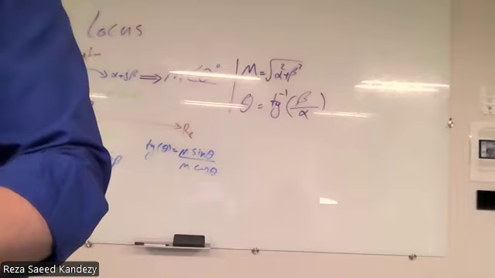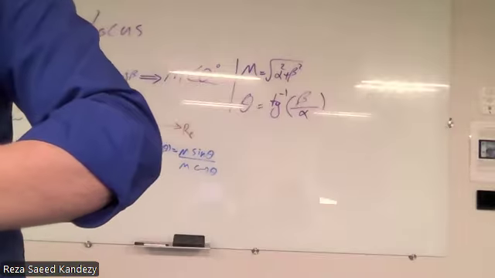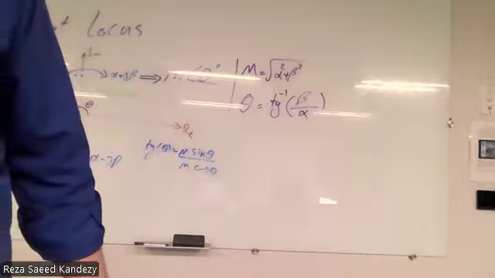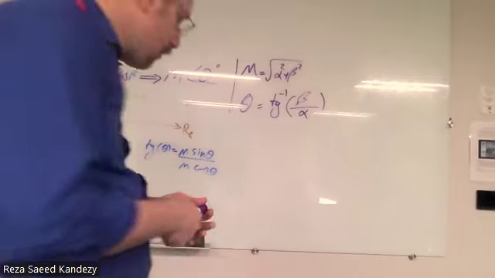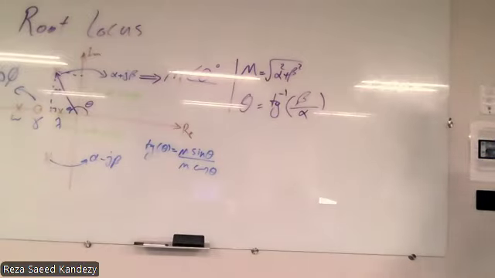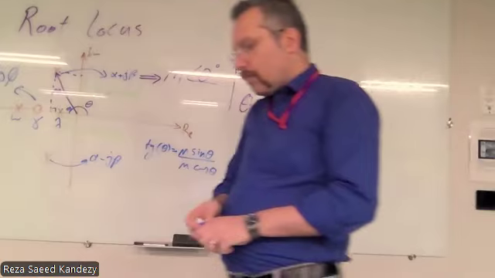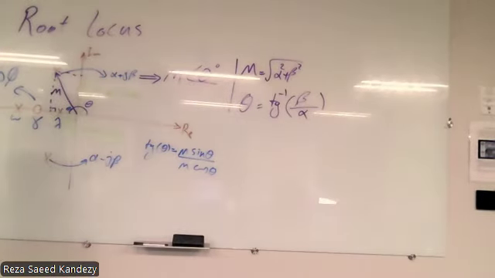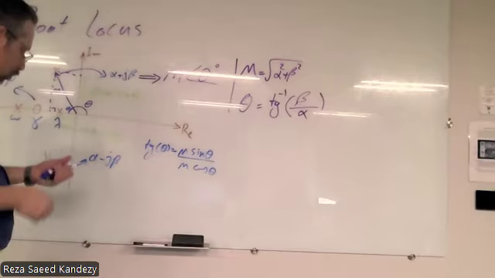Now, when we talk about stability, we want to see what would be the value of our f of s or T of s, the function at a specific pole.